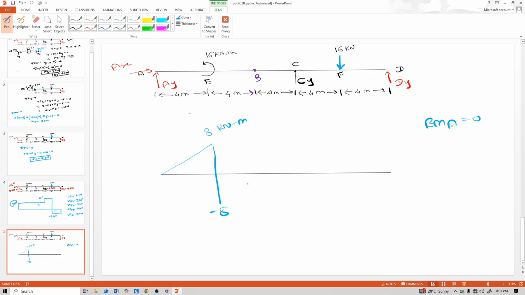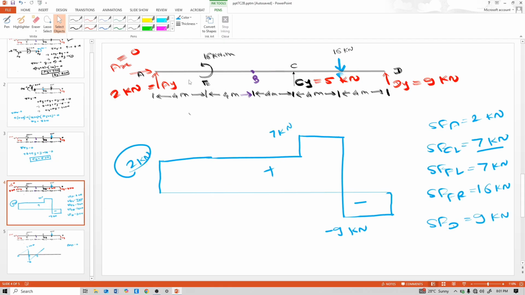So at point B there is again 0 due to hinge support. At point C there is again this moment goes upward, and at C shear is 0, that means bending is maximum there.